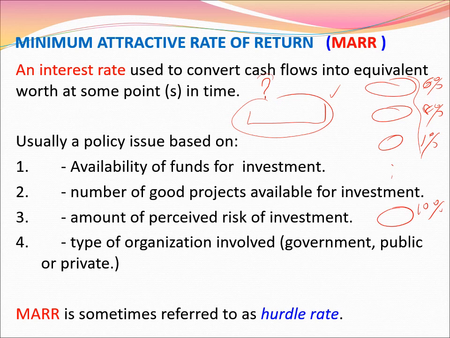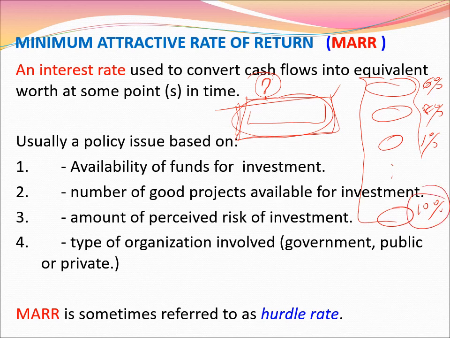So what would be the MARR that will attract you to this project? That's why we are saying it's the minimum attractive rate of return. There should be an interest rate so that you will be attracted to this project. And that interest rate should be larger than the maximum of the other projects, which is, for example, 10%.